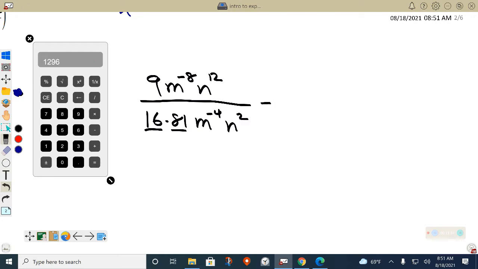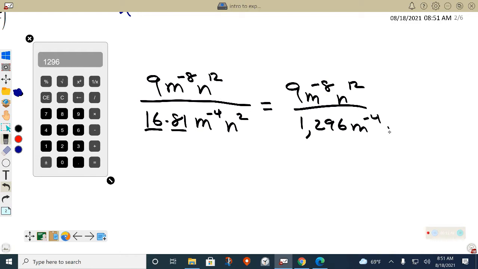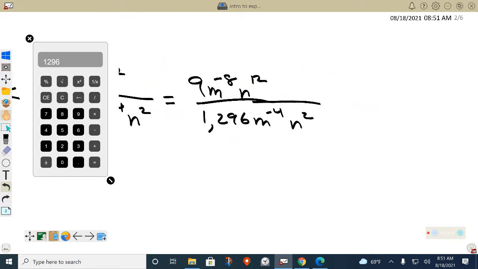So let me rewrite this now: 9 m to the negative 8th n to the 12th divided by 1296 m to the negative 4th n to the second. Any other ideas? We can still clean this up. There's still some more rules to apply.